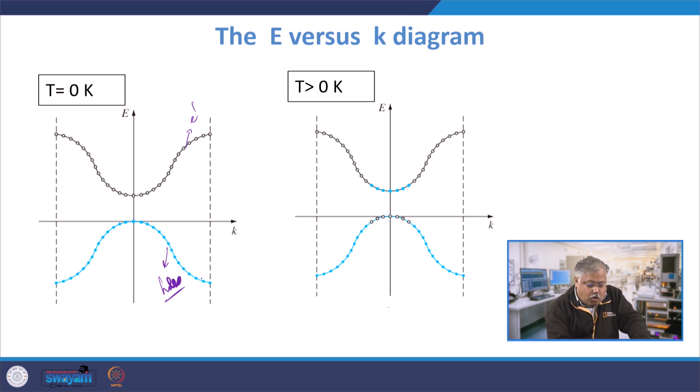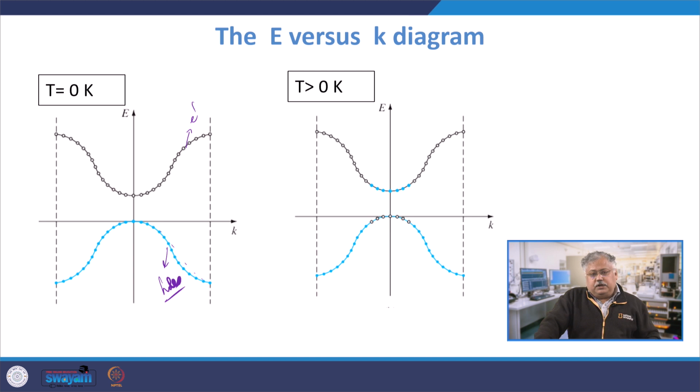You see, all are put as blue here. Blue means that all the empty states here are filled. So the occupancy probability is 1 in case of holes, as you can see by the blue dotted curve here. And if you look at the top curve, in case of electrons, since there are no electrons available at T equals 0, the occupancy probability is 0 and therefore you don't see that.